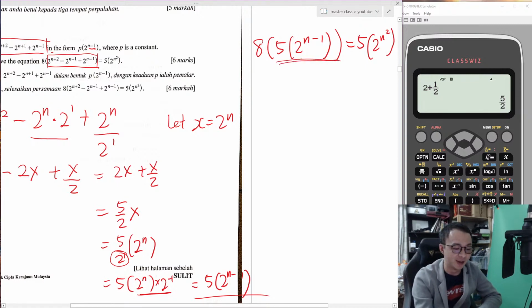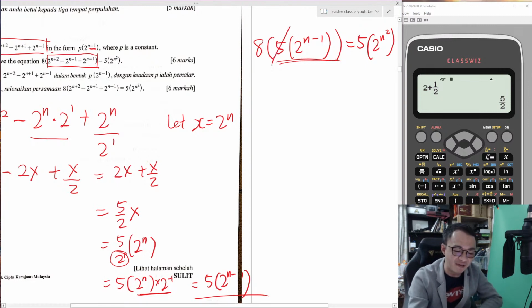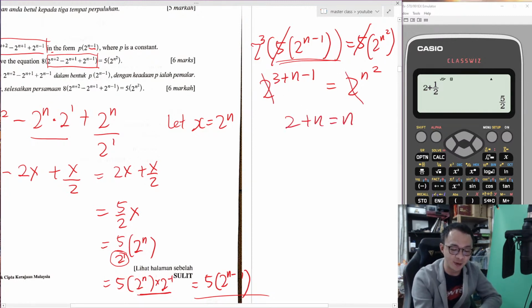So after I got the answer for part 1, I sub into part 2 in order to solve it. Okay, so what I want to do next is I divide 5 for both sides first. I just simplify it. And then 8 is basically 2 power of 3. I change it to 2 power of 3. And then they are multiplied. We know multiply basically means plus, right? Then right now, what I can do is I can just eliminate the base, compare their power. 3 minus 1 is 2. 2 plus n equals to n squared.